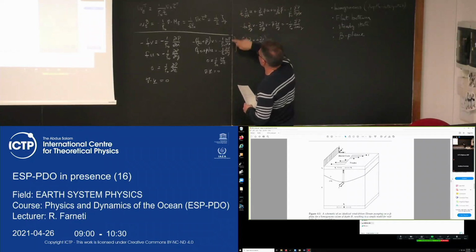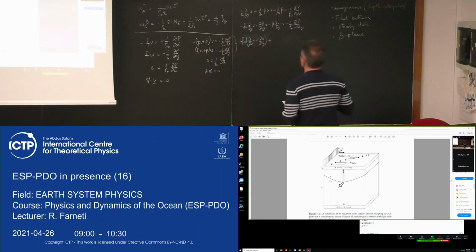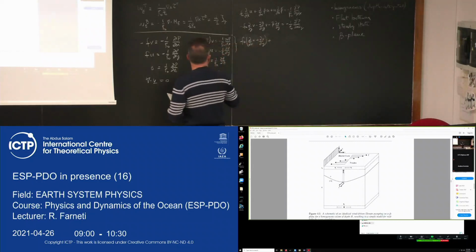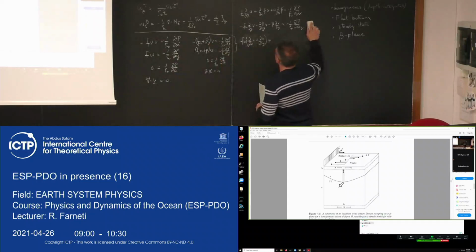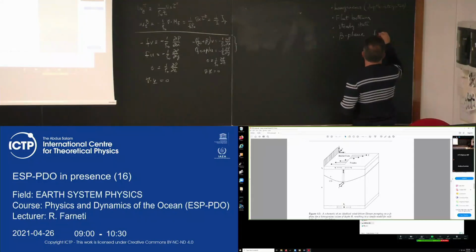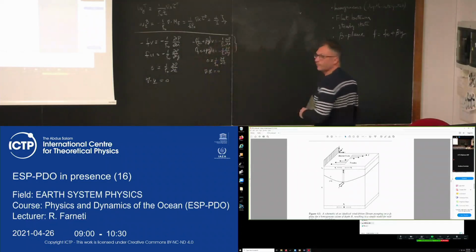The y component is this one, the x component is this one, so this minus this. And then I have, no, so many. Sorry. Well, this is a good exercise. I forgot something. I wrote down the beta plane the wrong way. So it's this. That's why it wouldn't work. Okay, there's a beta there.